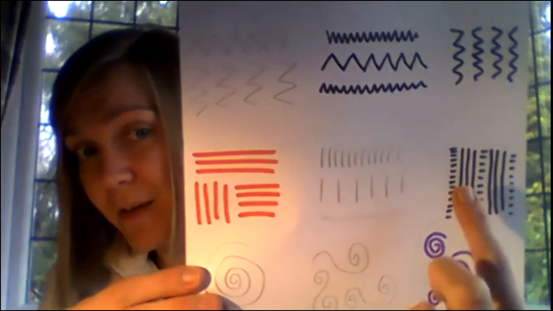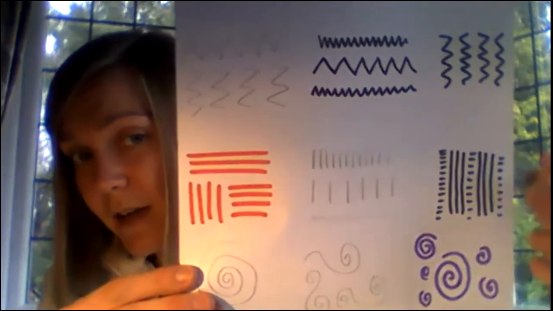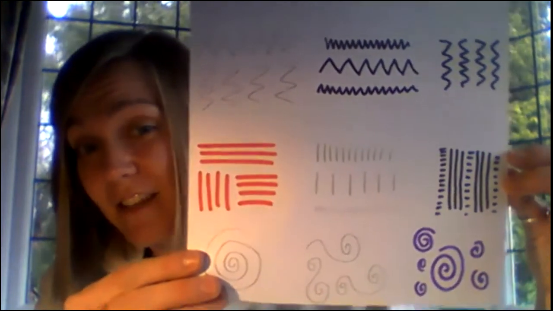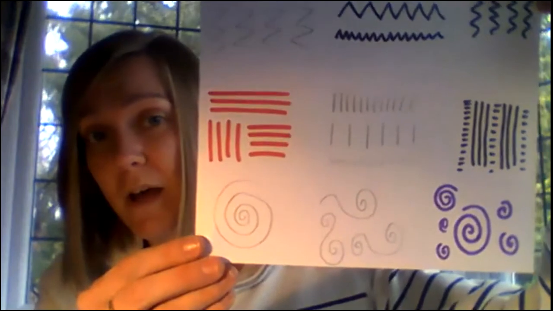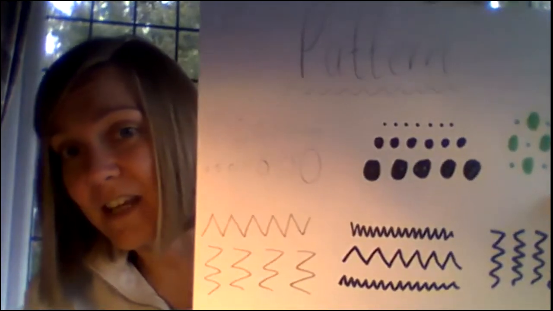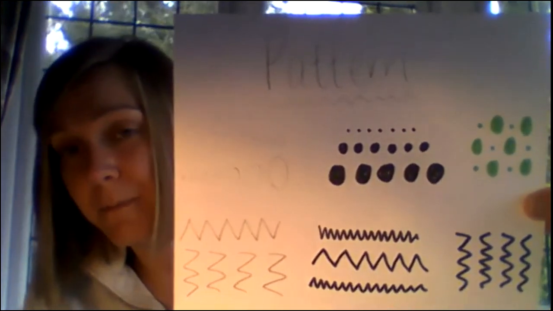And then I've had a go at doing some lines that go down and along, down and along, down and along. And I've changed the size of them as well. I've got some swirls down the bottom, some zigzags at the top, and I've even had a go at using dots in different shapes and patterns as well.